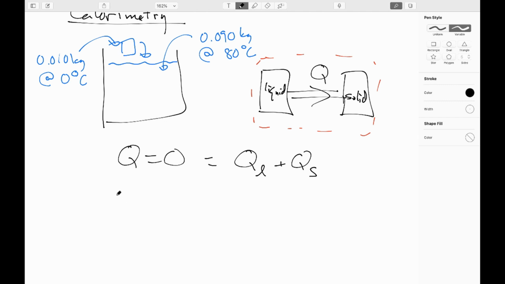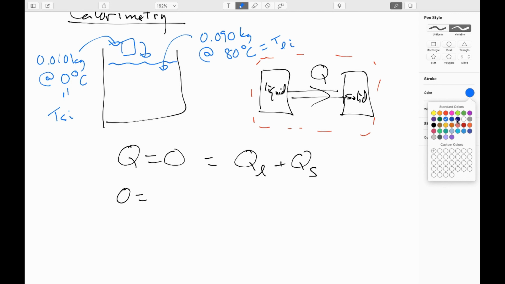So let's go and take a look at this. So we can say 0 equals, so for the heat transferred into the liquid, there's no change in phase at all that we have to worry about. So we can just say, okay, we had water that started at some high temperature. Let's call that temperature T liquid initial. And we'll call this temperature T solid initial, just to keep them straight.